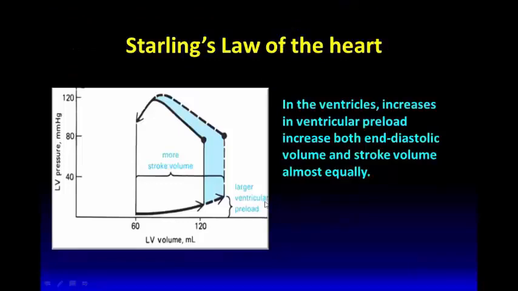Now let's describe the effect of preload on stroke volume using the left ventricular volume pressure loop, which was described in the 2 lectures on the cardiac cycle. So on the x-axis, we have left ventricular volume in milliliters of blood, and on the y-axis, we have left ventricular pressure in millimeters of mercury.